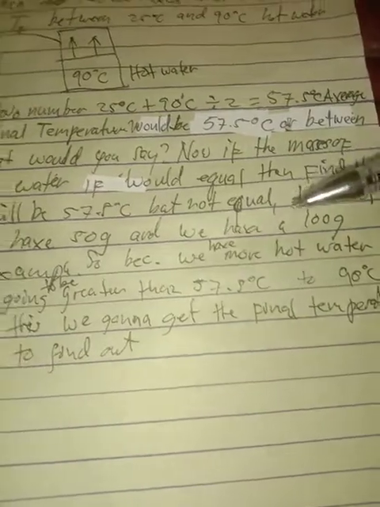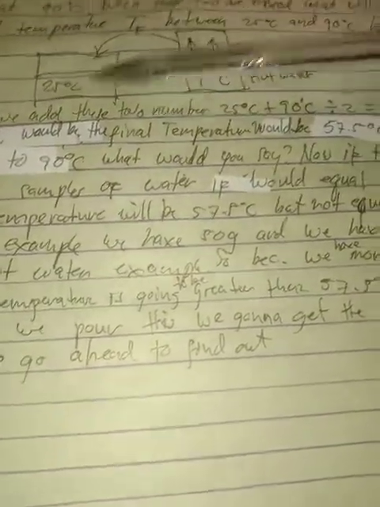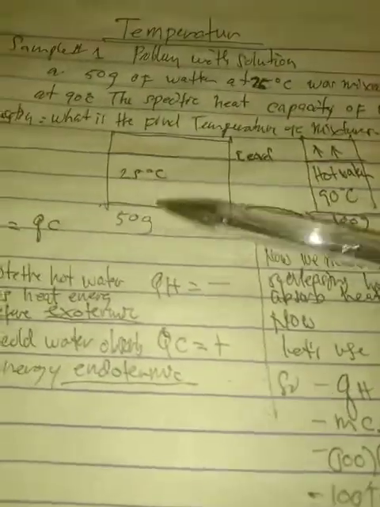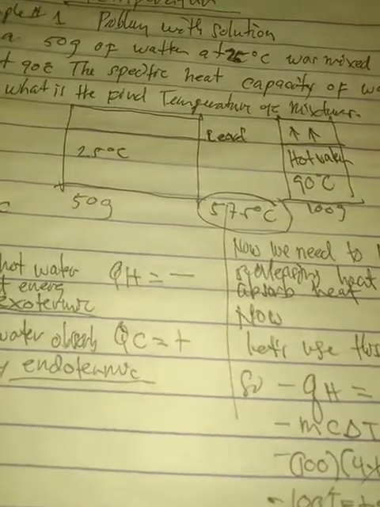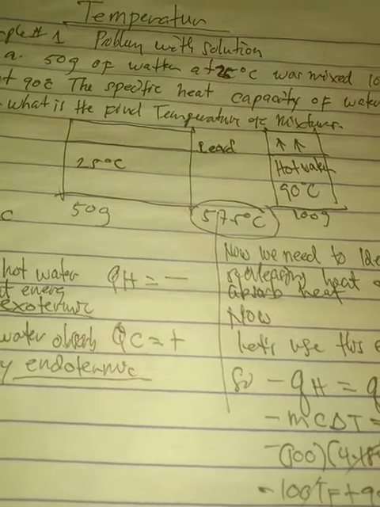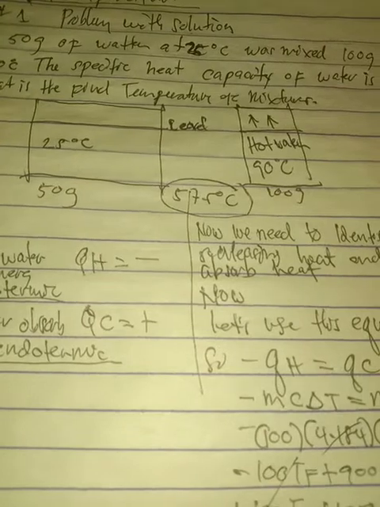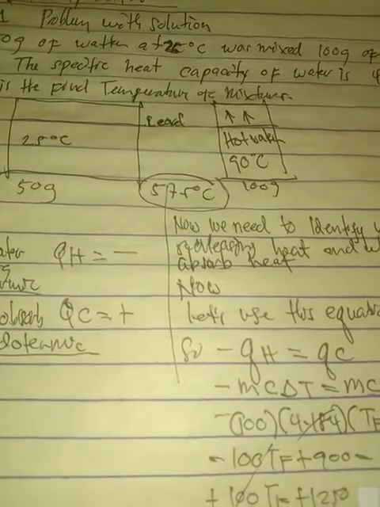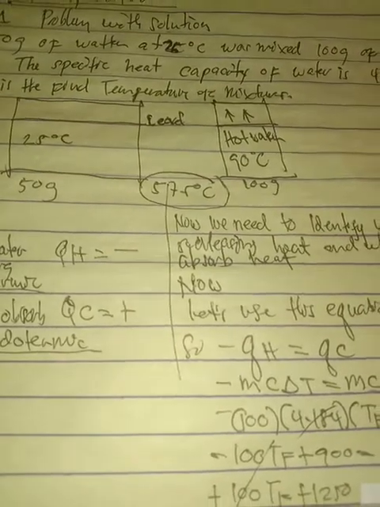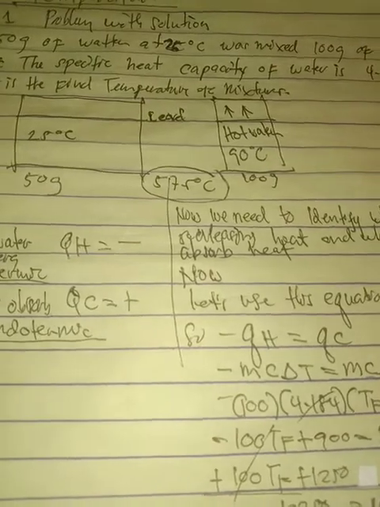So the cold water example, we have 50 grams, and the hot water example, we have 100 grams. Because we have more hot water, the final temperature is going to be greater than 57.5, closer to 90 degrees.